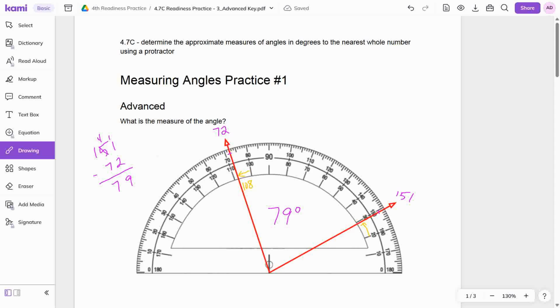So we're looking at 29. And so if we get our 108 minus the 29, you're going to get the exact same thing. It just depends on which way you want to go. Now, this one obviously takes a little bit more regrouping, but that's going to also get you 79 degrees. So either way you look at it, that is the measure of that angle, 79 degrees.